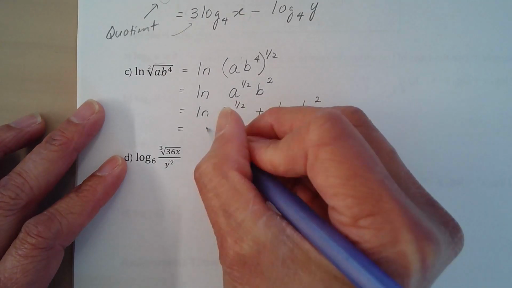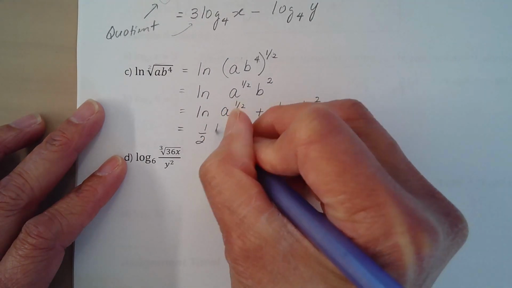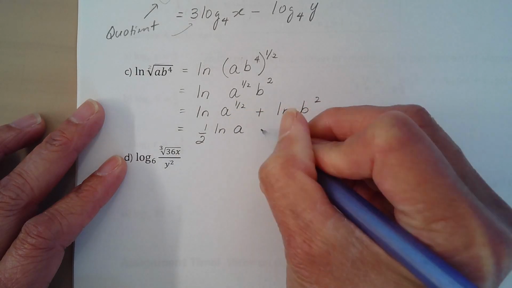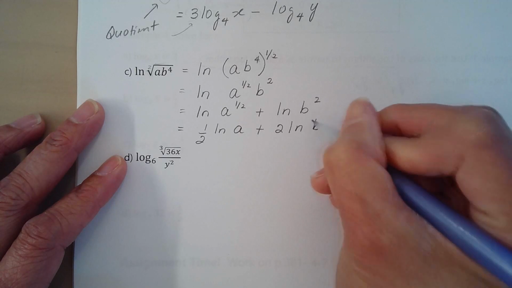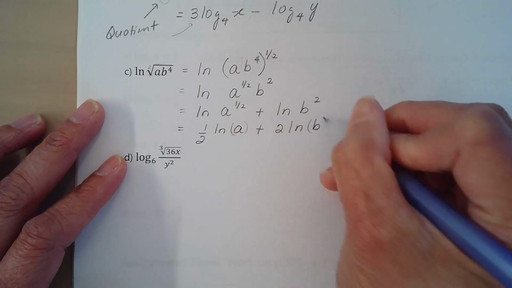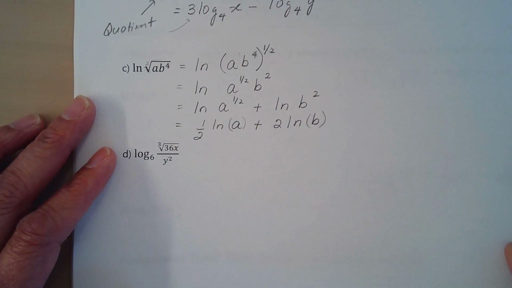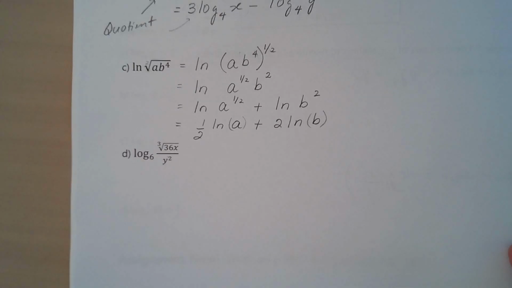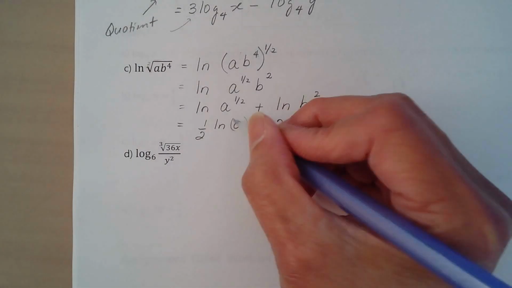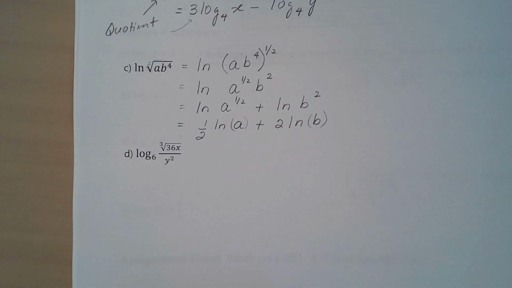So this becomes 1/2 natural log of a plus 2 times natural log of b. Do you have to bracket it? No, I just did that.